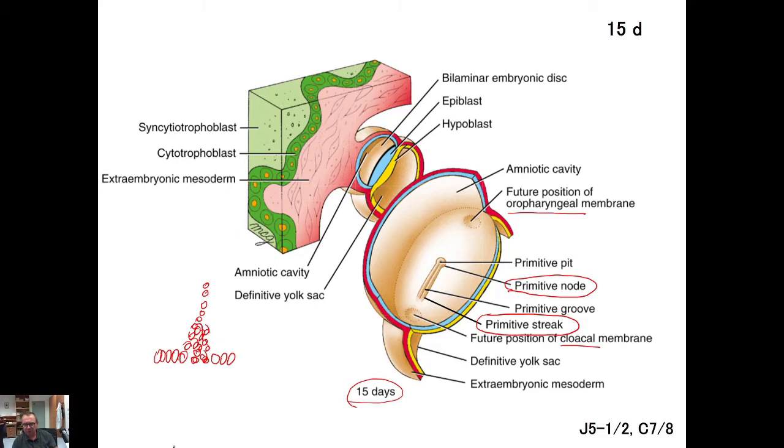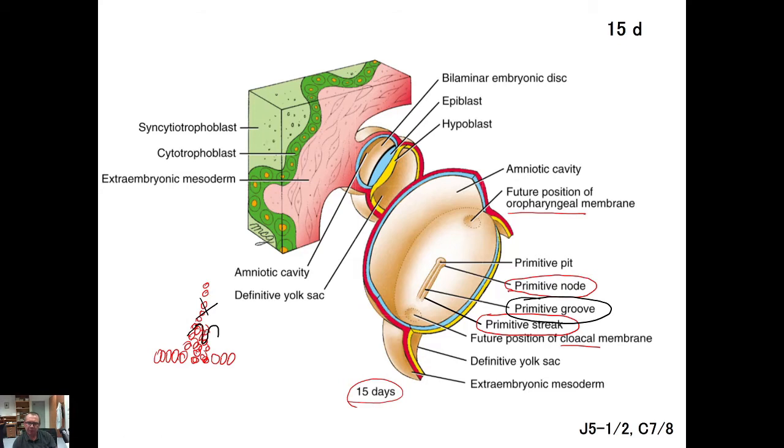I must use another color now. The cells become invaginated deeper. So these cells don't go up and up, but go down and invaginate, and the structure changes from the primitive streak into the primitive groove.